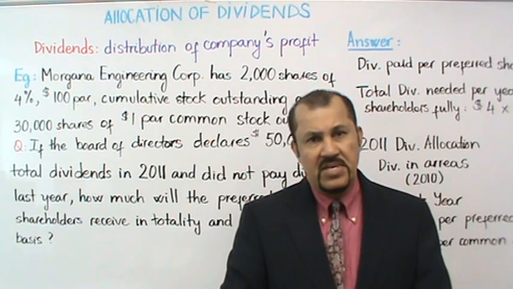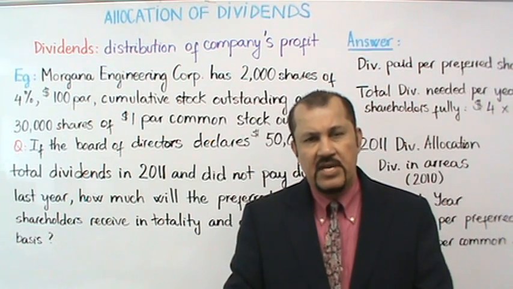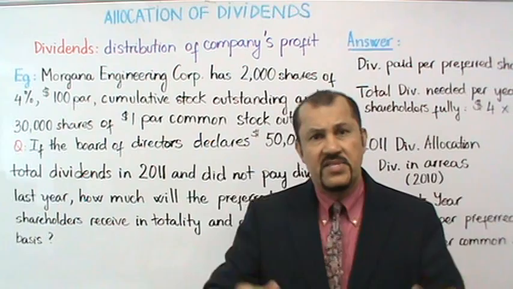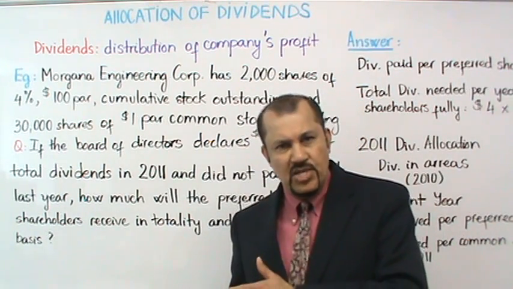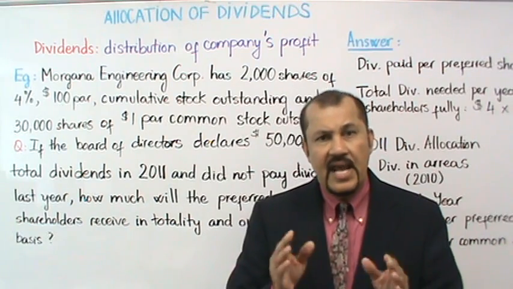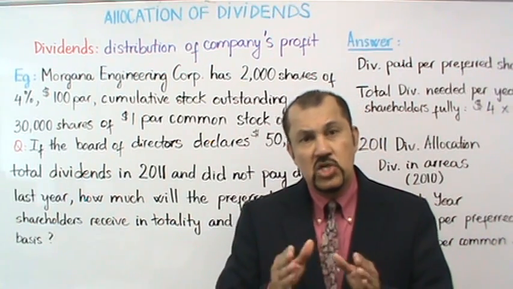Then they have to satisfy the preferred shareholders fully for the current year, and if there's money remaining, the common shareholders will get the dividends. That's if the preferred shares are cumulative.